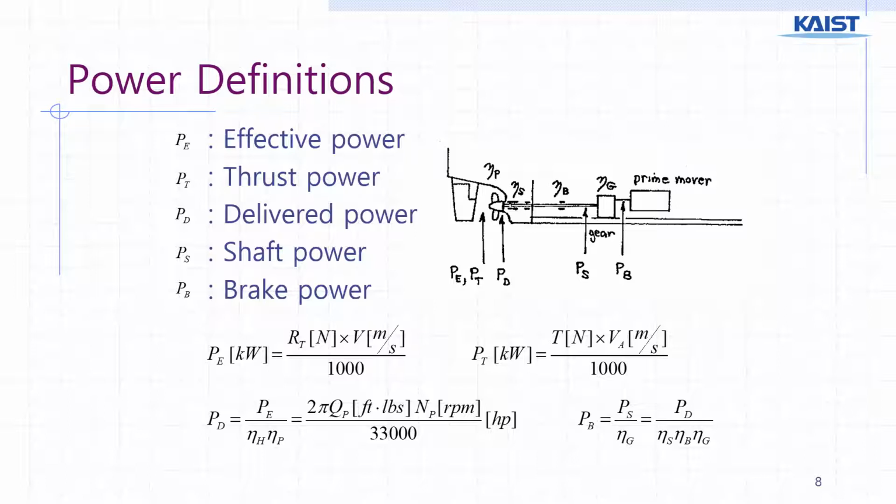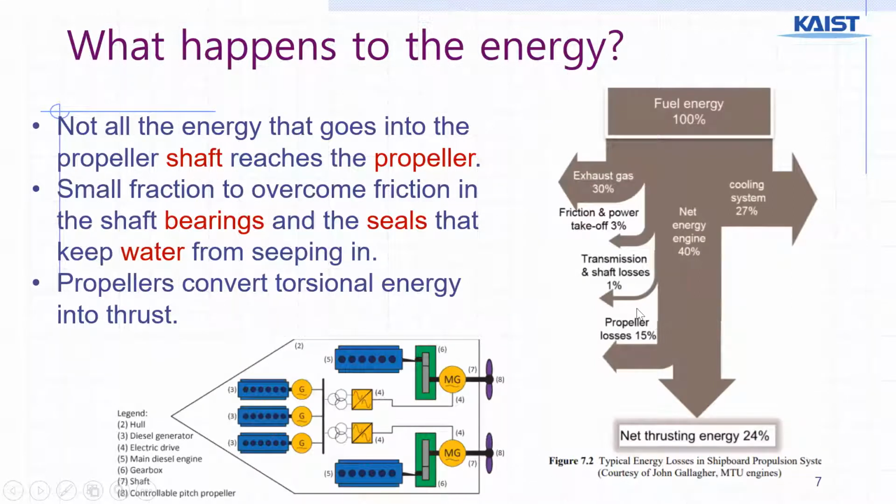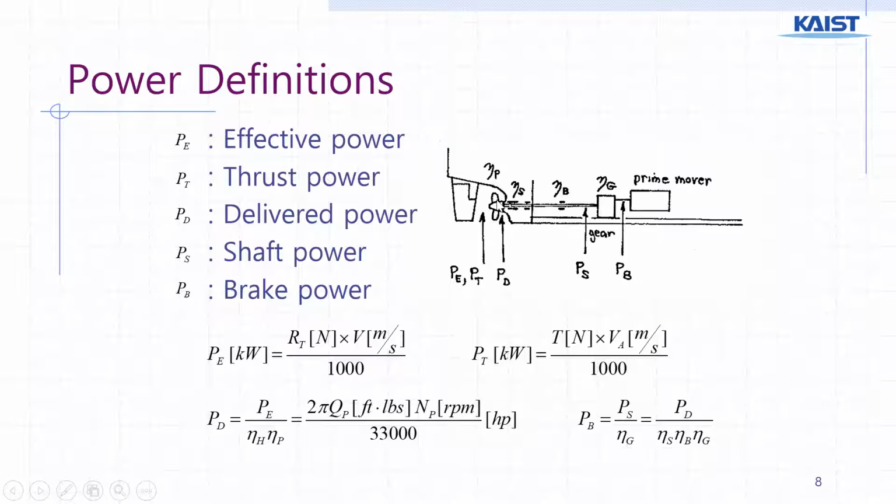And then thrust power is just behind the propeller, and delivered power is just before the propeller. So there is a loss or conversion of delivered power to thrust power by the propeller. They are saying about 50% is lost by the propeller itself.